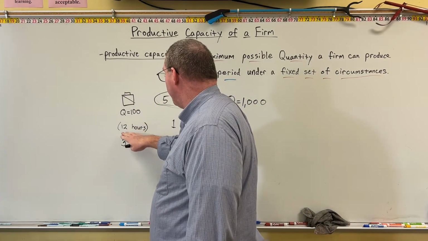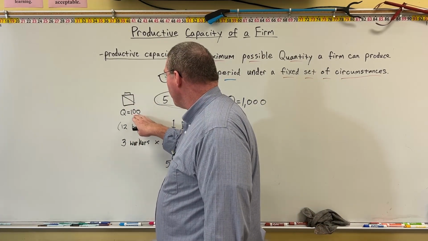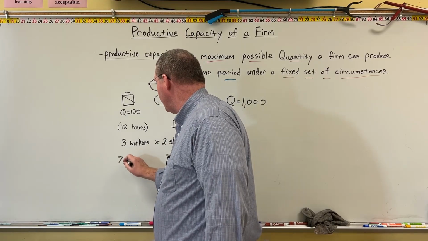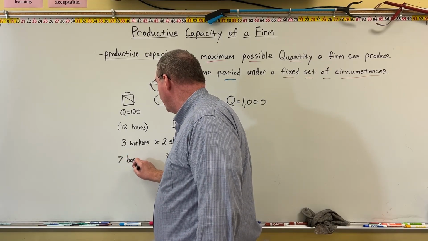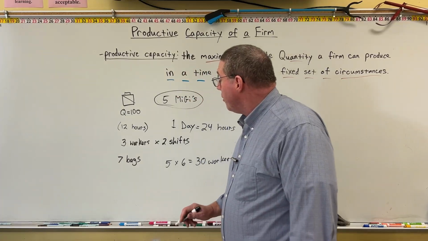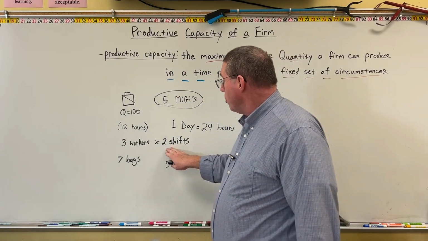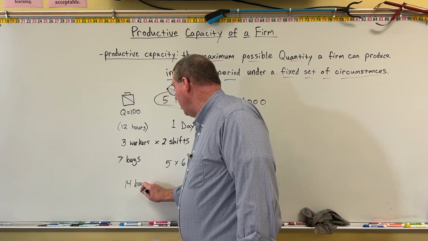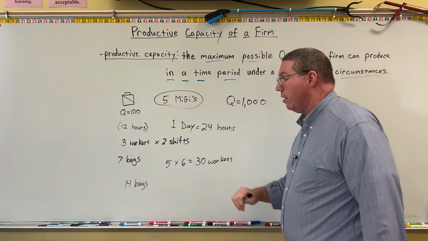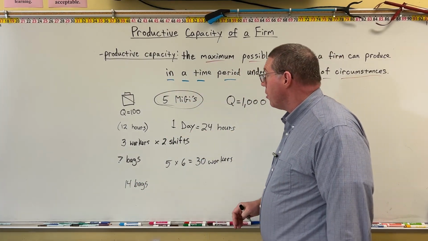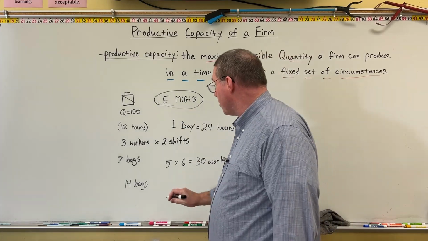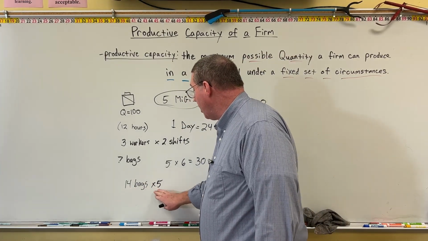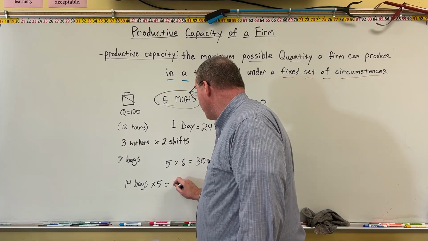In one production period, 12 hours, we can produce 100 units on the MIGI 630 Deluxe with 7 bags of wood chips, right? But they're going to run 2 shifts. So 2 times 7, that's 14 bags per machine in one day, in 24 hours. Also, they have 5 MIGI 630 Deluxes, so 14 bags per machine times 5 machines is 70.